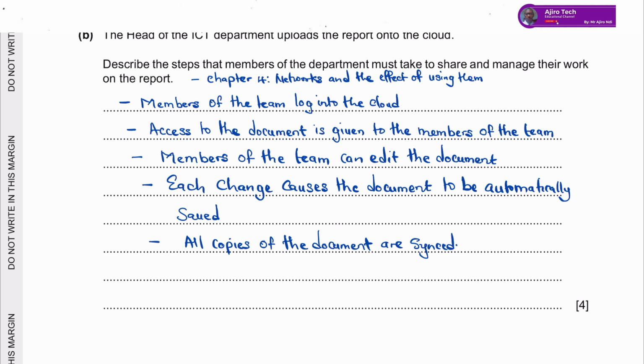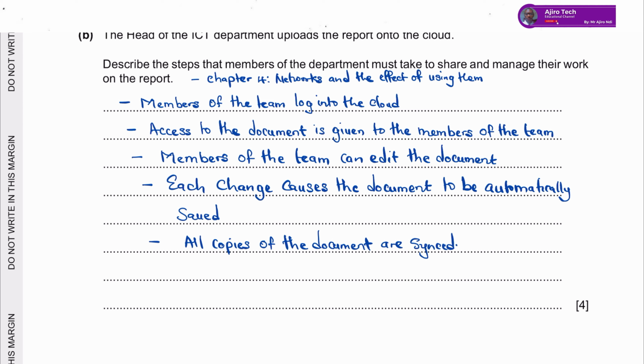So this is what happens literally, because once the head of department uploads the report onto the cloud, everybody wants to work on the report. Once they log into their cloud, access is now given. They can go to shared with me. They can see it.